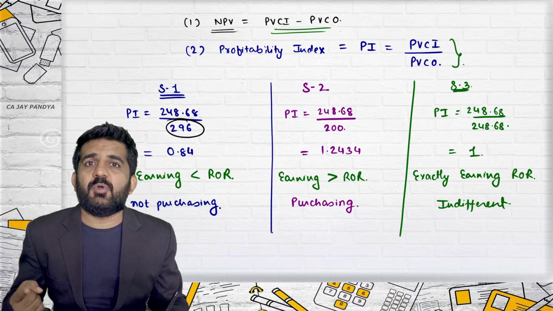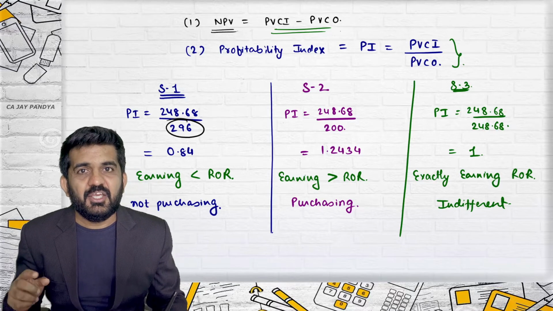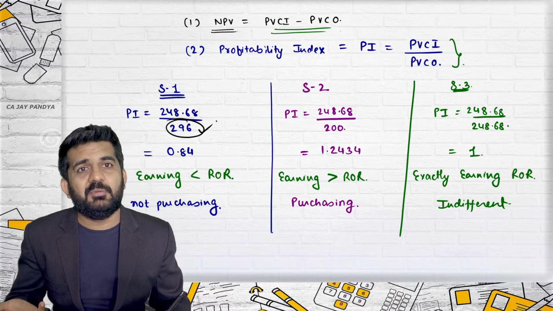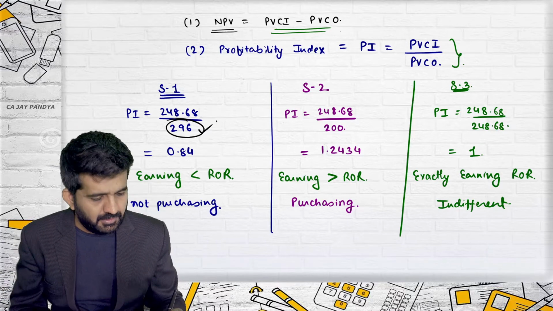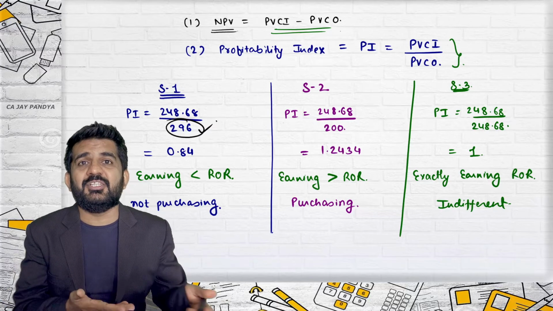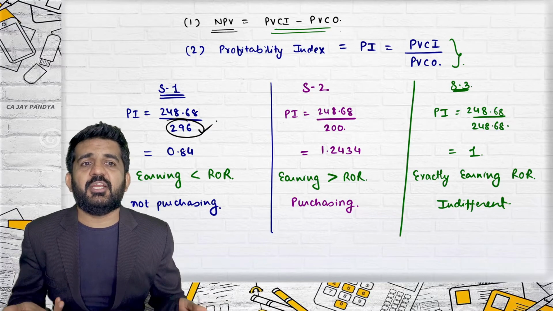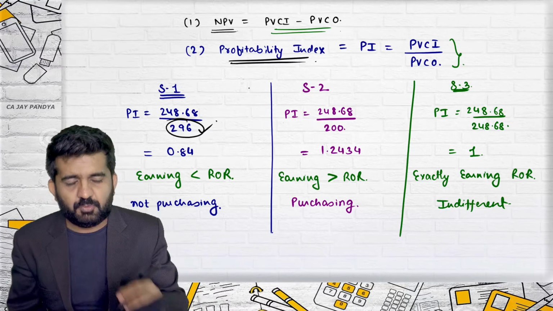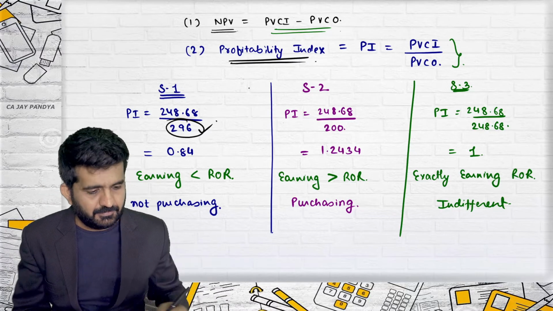NPV will be negative when cash outflow is greater. If cash outflow is greater, your denominator will be higher, and so you will always get less than 1. Then why is this another method? Why learn this method when your decision criteria are going to remain the same as NPV? Why was this additional method, that is profitability index, written? Anyone?